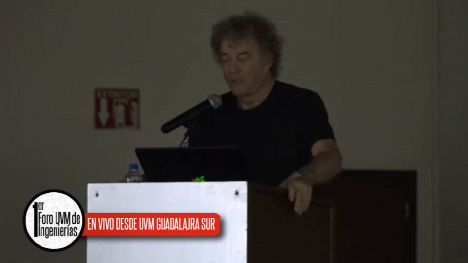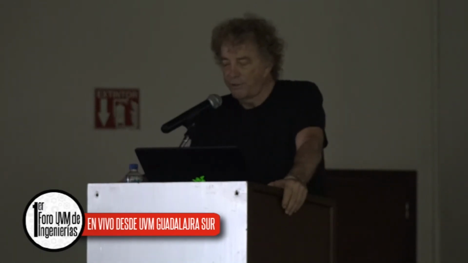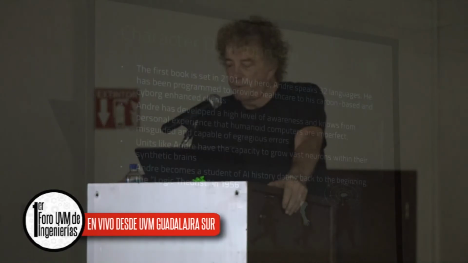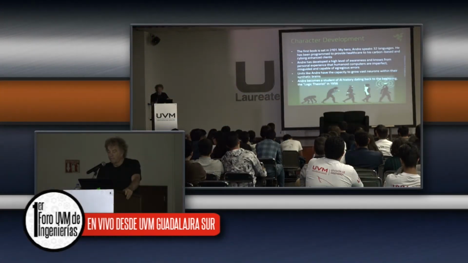Okay, so in the first book, set in 2101, Andre speaks 32 languages. He actually speaks every language that's still left on the planet, which happens to be 32. Oh, by the way, Spanish is still one of the 32 languages left on Earth in 2101, so it's okay. Don't fear. Andre has developed a high level of awareness and knows from his personal experience in working with other computers that human computers are not perfect.